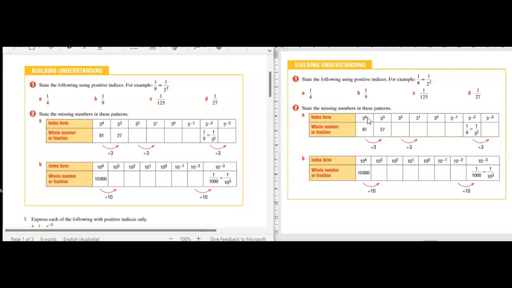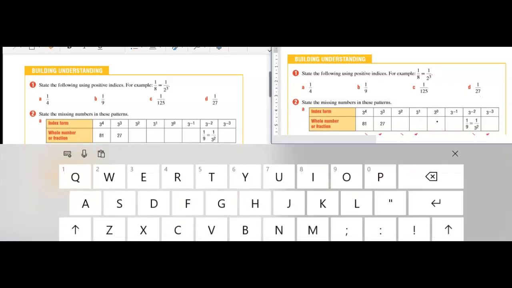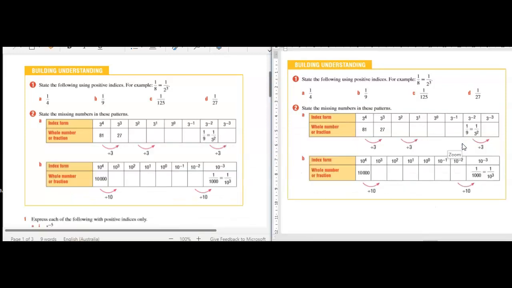So 3 to the power of 4 is 81, so 3 times 3 times 3 times 3. 3 to the power of 3 is 27. So you can see our powers are going down. But if you wanted to fill this in, you could start with 3 to the power of 0, which we know, any number to the power of 0 gives us 1. 3 to the power of 1 is 3.